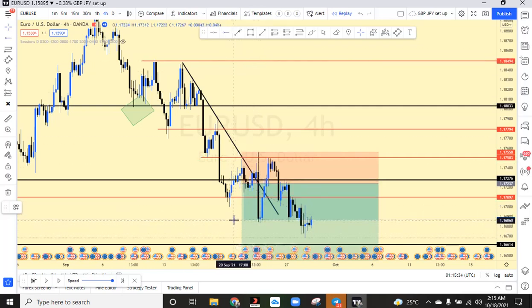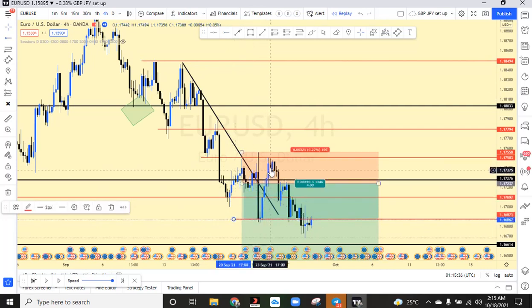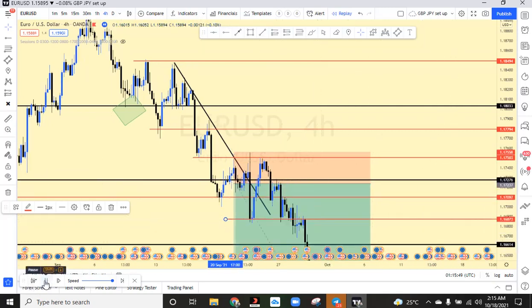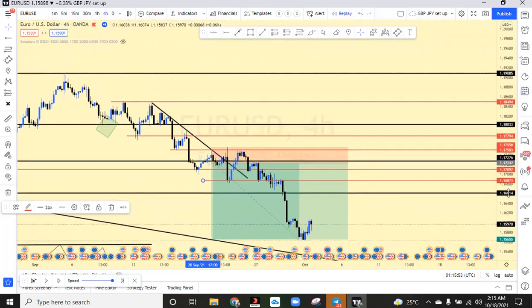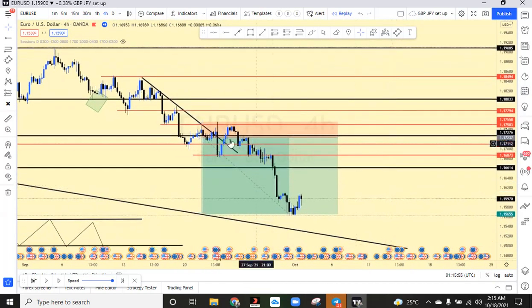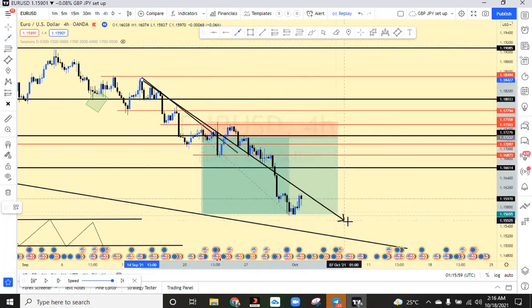So here it found a new support and rallied straight back to the upside, got resisted again by this previous resistance zone, and with full force price broke out again. So this is how price keeps moving up and down when it's in a healthy trend. So this is a typical example of a healthy downtrending market.